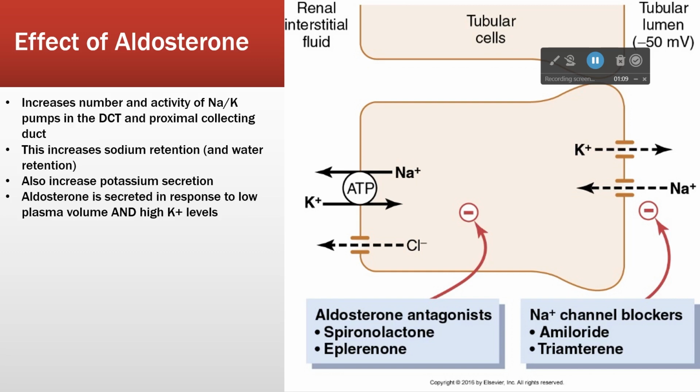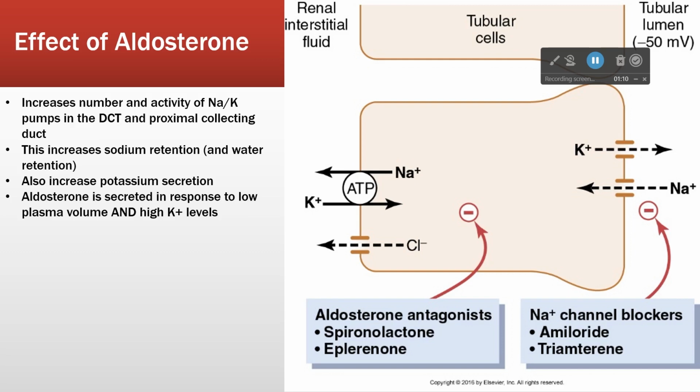Now, so how do we escape that? ADH, right? Because ADH can affect water without affecting salt. When we have that situation of a high potassium level, aldosterone is high to excrete the potassium. Sodium, yes, is reabsorbed, so we end up with a decrease in urine output.